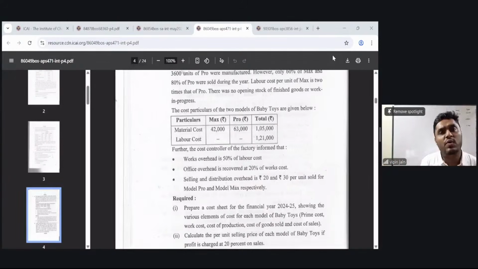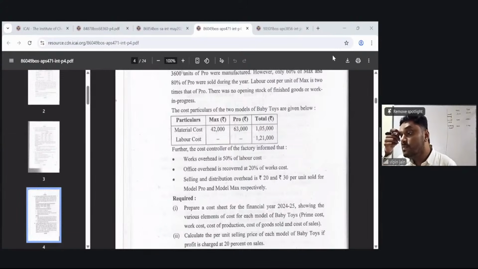In 5 minutes, you can score easily 7 marks. There are so many answers of one question here. Guys, waiting for the correct answer.